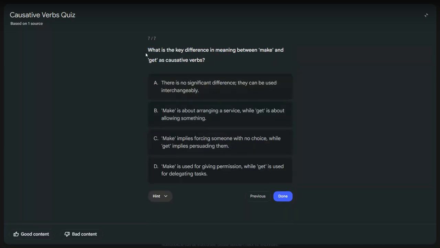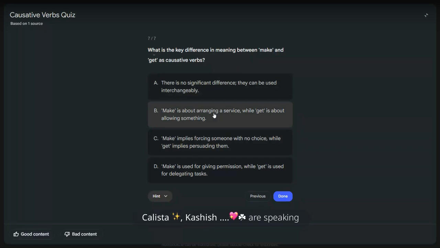Let's go to the last question of the day. What is the key difference in meaning between make and get? Can anyone tell the difference between make and get without looking at the options? What do you think? Make, sir, is forcing. Hmm.